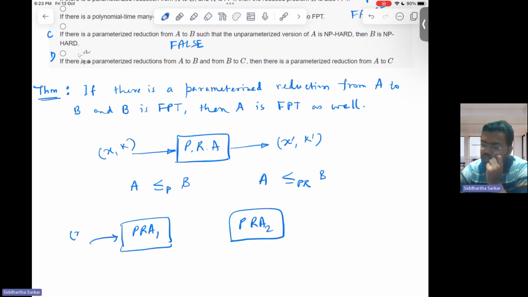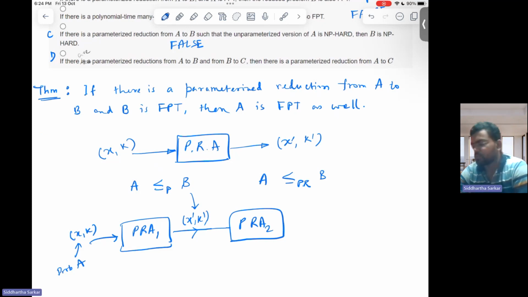So this takes x comma k, which is an instance of the problem A, and outputs x dash comma k dash, which is an instance of problem B. And this in turn is fed to this parameterized algorithm 2, which produces an instance x double dash, k double dash, say, which is an instance of problem C. Then is there a reduction from A to C?